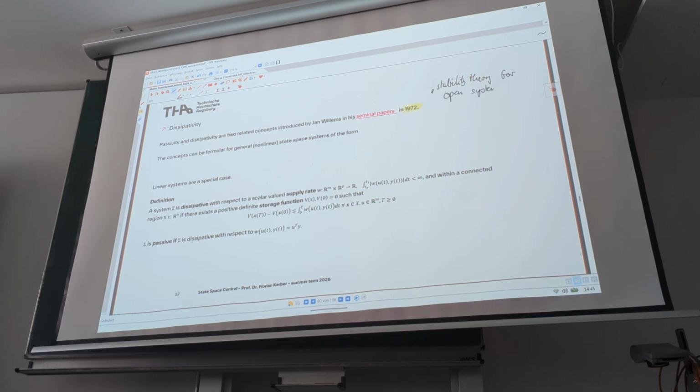By open, I mean systems that can be interconnected, so that have inputs and outputs, and that's what we always have. You could say that this is a U and a Y, or you could say it's an E and an F, an effort and a flow in the port-Hamiltonian framework. There we do not distinguish a priori which one is the input and which one is the output.